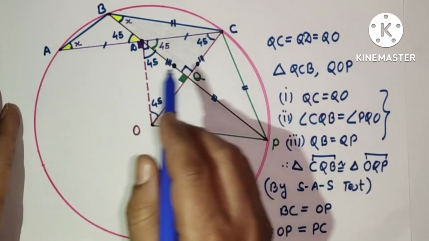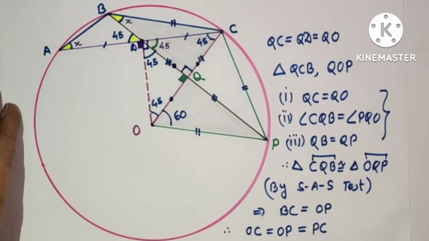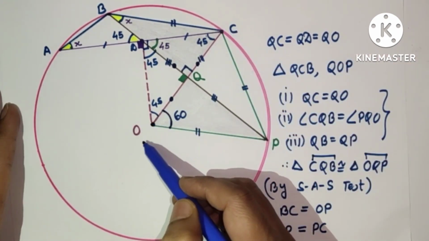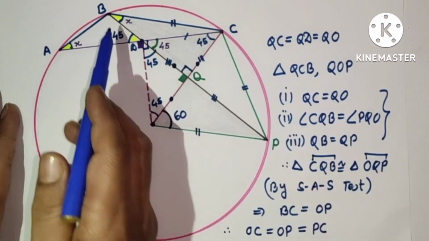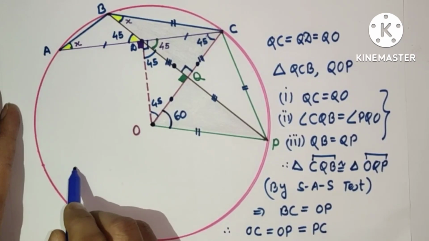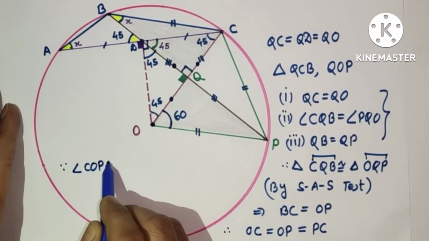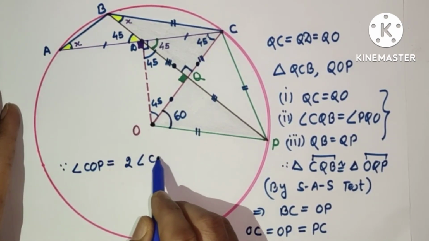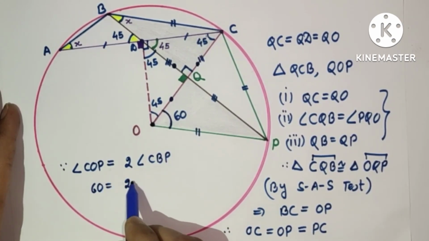If it is an equilateral triangle, each angle will be 60 degrees. But chord CP subtends 60 degrees at the center of the circle. So the same chord will subtend half of this at the circumference. Since angle COP is equal to 2 times angle CBP, 60 degrees is equal to 2x. Hence x is equal to 30 degrees.